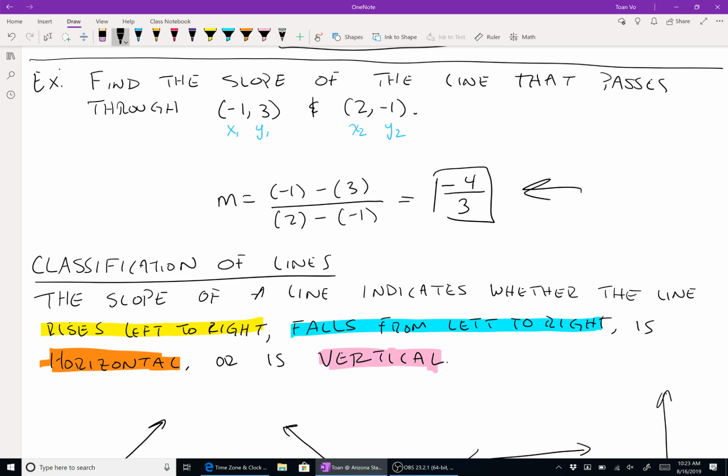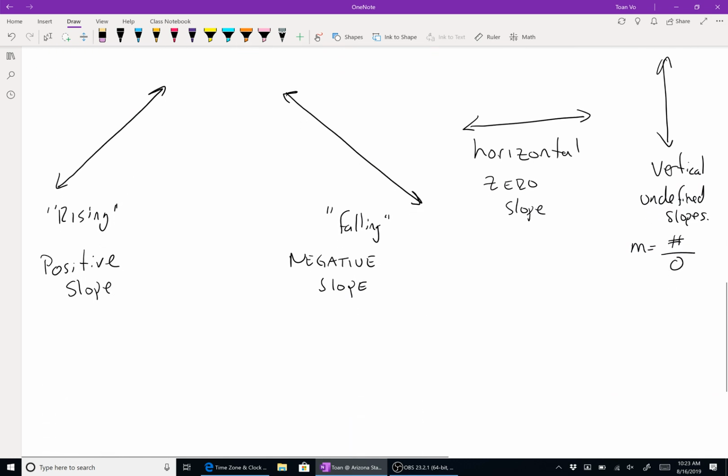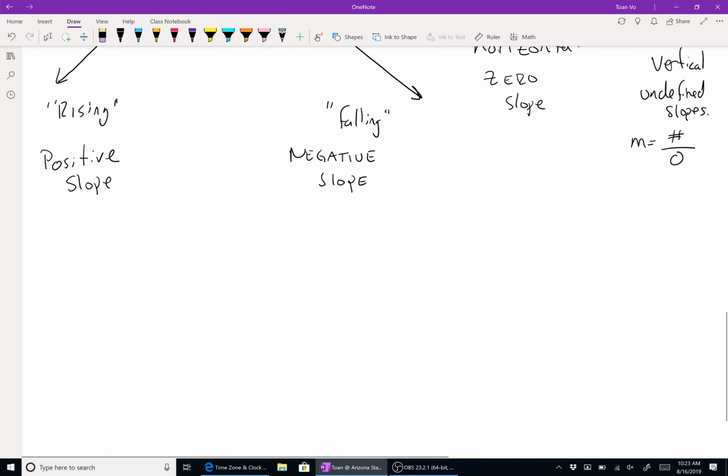It's falling, right? So if the question says, classify the line that goes through -1, 3, and 2, -1, I would write, this line falls from left to right because the slope was negative. Easy peasy? Any questions so far?